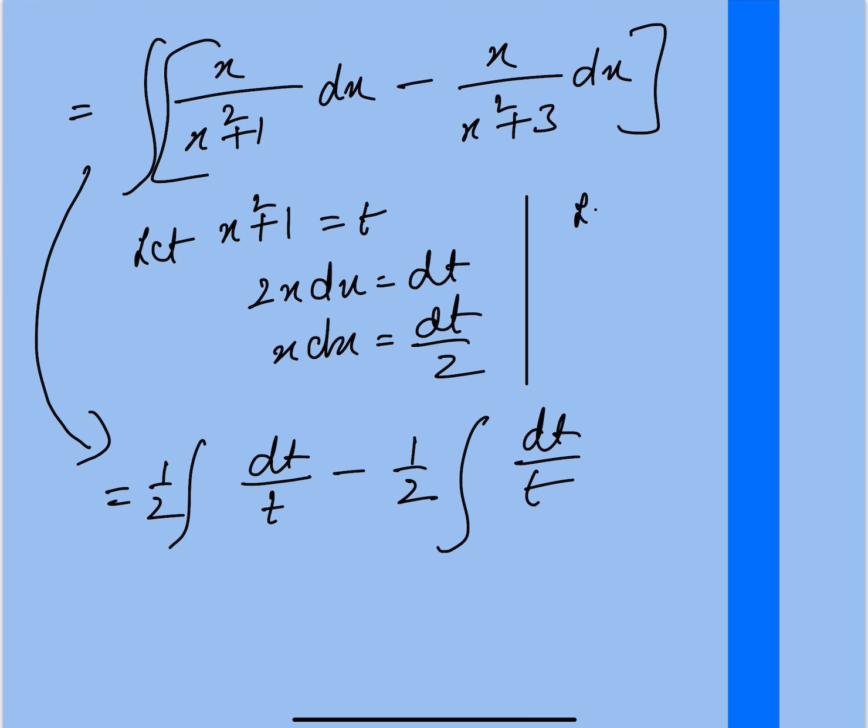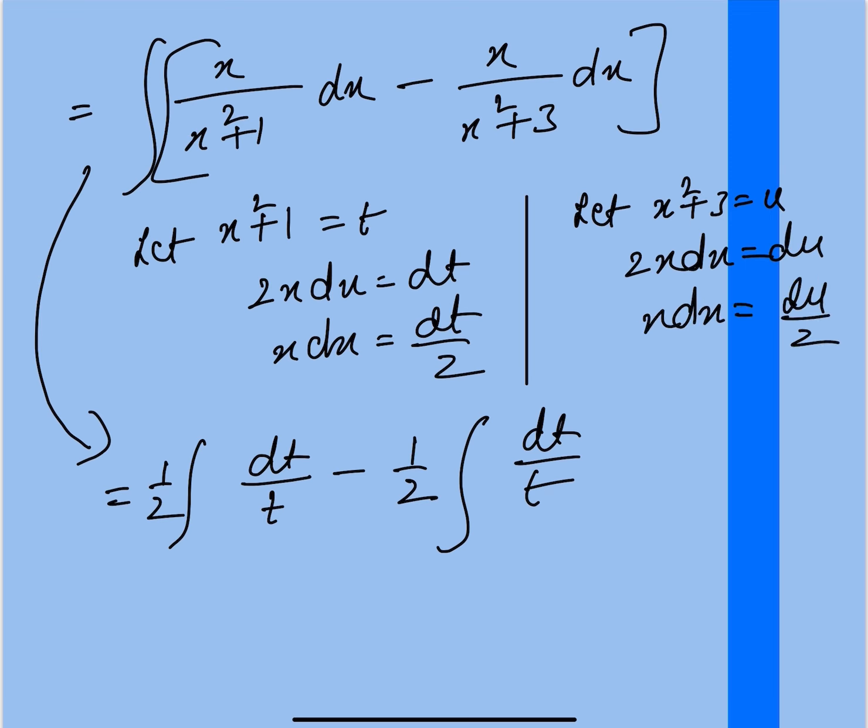Let's take this to be u. If you are good or fast at differentiation, you will not need this step, but we will still go ahead and do it for everyone. du by 2. So let's call it u, not t. This will become du upon u. This was u, replace here, and that's it.